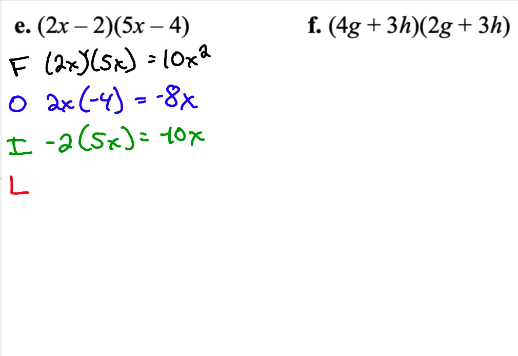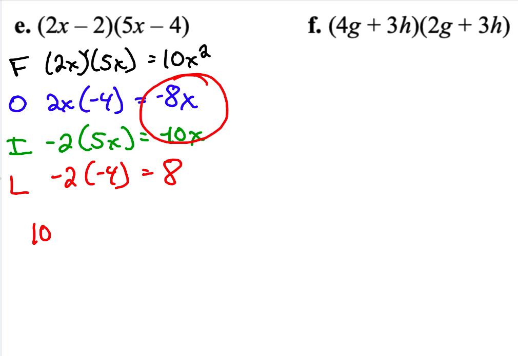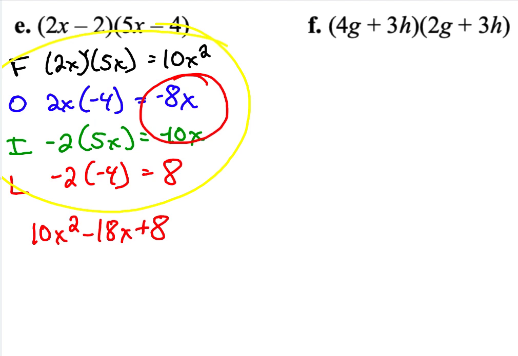And my last is negative 2 times negative 4, which is positive 8. Combine those like terms together, and I end up with an expression of 10x squared minus 18x plus 8. Okay? So I wrote out this work here. Feel free to do that if it helps you organize it, but if you're comfortable doing without it, that is totally okay.